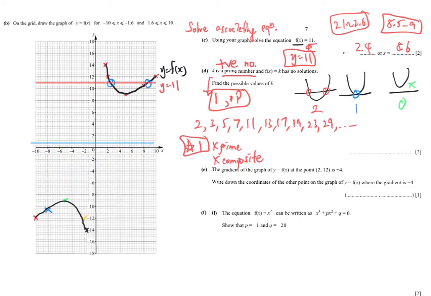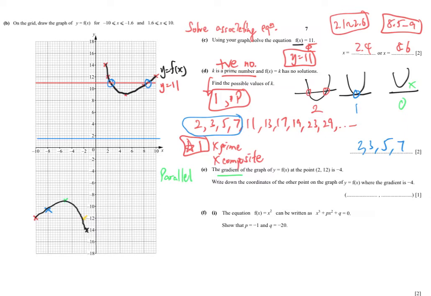So for the prime number, it is just less than 9. Any prime number less than 9 will fit. So the answer should be 2, 3, 5, and 7, which are less than 9. We need not add the negative numbers. We just add 4 numbers only.